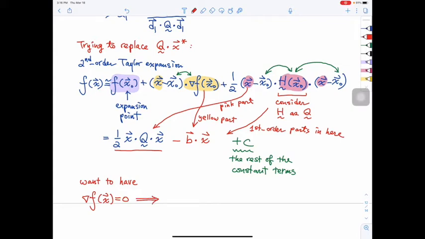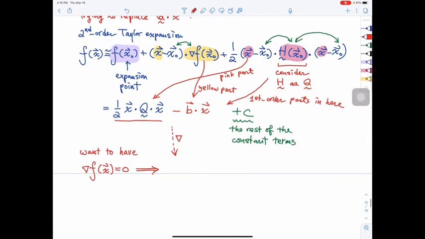That means right here, when we do a gradient operation, at the end, what we get is this: q dot x minus b equals to 0. Okay?